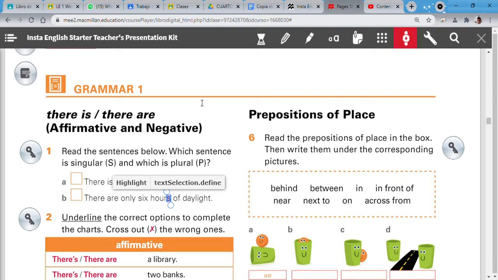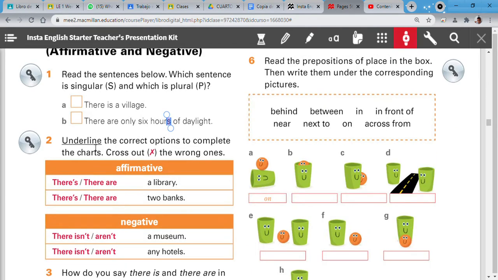Now let's see singular and plural. It says underline the correct options to complete the charts. Cross out the wrong ones. The idea is to identify singular or plurals. As you can see, with singular you use a, like for example, a village.